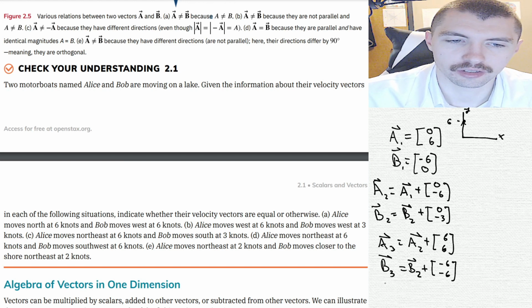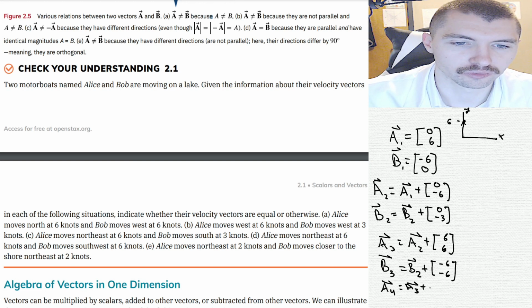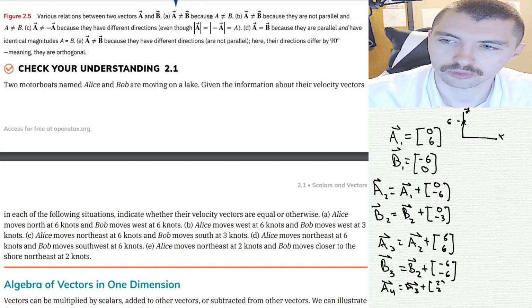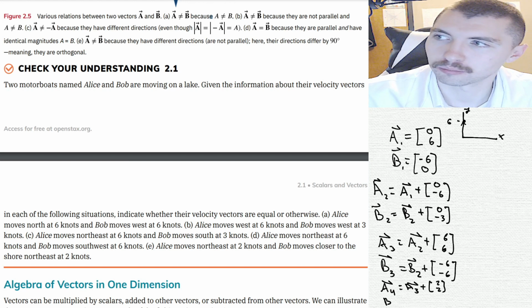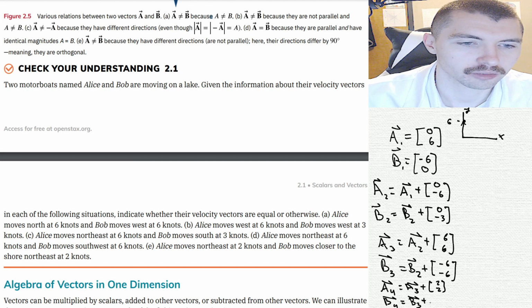Okay, and then lastly, Alice moves northeast 2 knots to 2. And Bob moves northeast 2 knots.